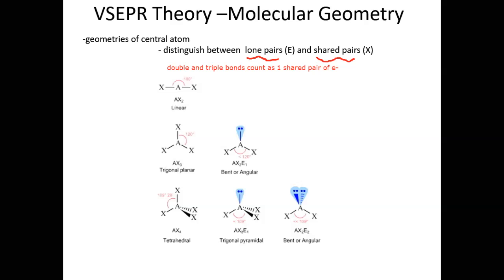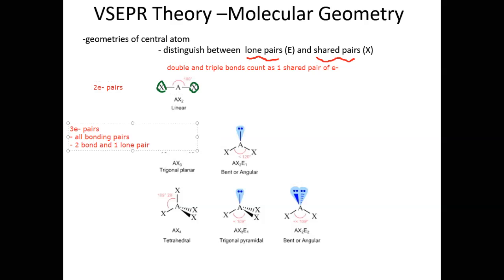And for linear geometry, it's the same for molecular and electronic, because you can only have 2 bonding pairs of electrons. Now with trigonal, with 3 electron pairs, so this was 2 electron pairs. With 3 electron pairs, you can have all bonding pairs or 2 bonding and 1 lone pair.